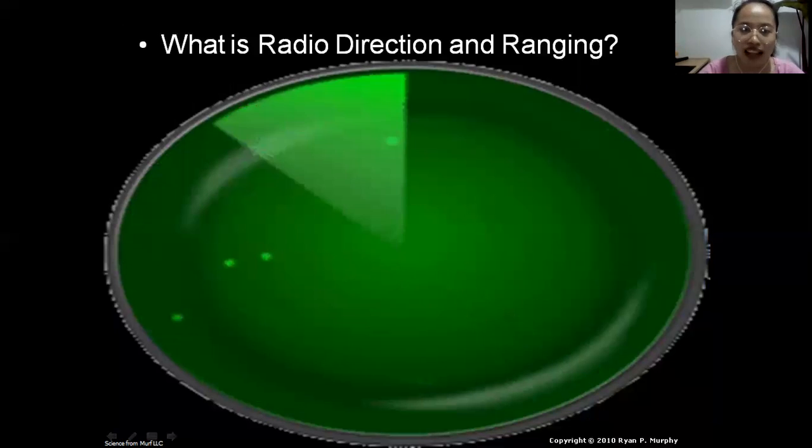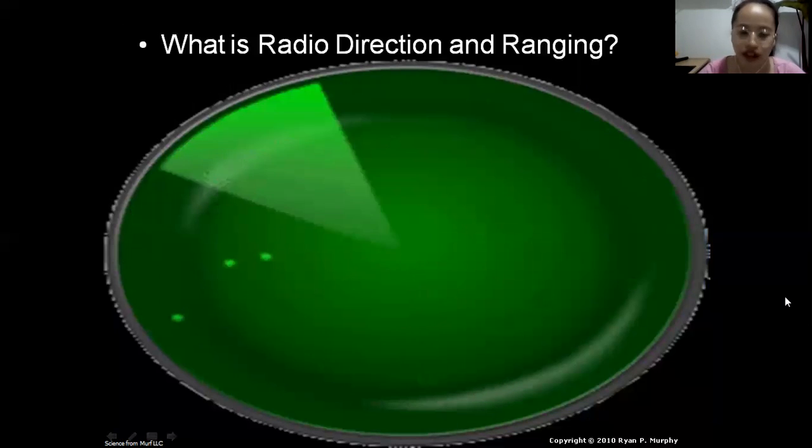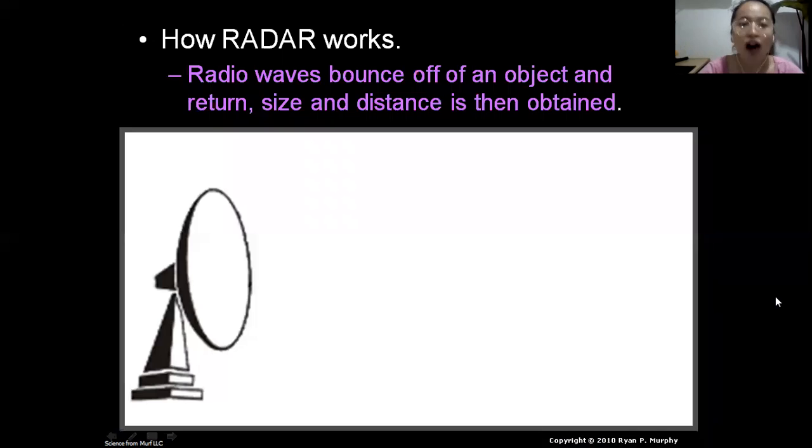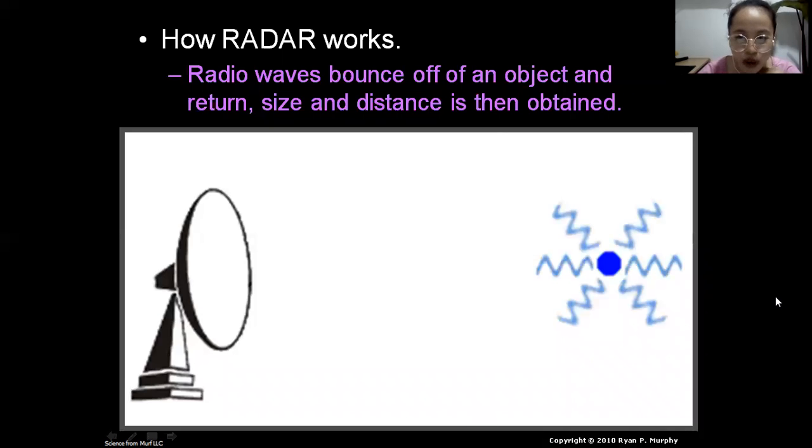Okay, what is radio detection and ranging? In short, it is a radar. How does radar work? Radio waves bounce off of an object and return. Size and distance are then obtained. As you can see there, look what happened to the waves.